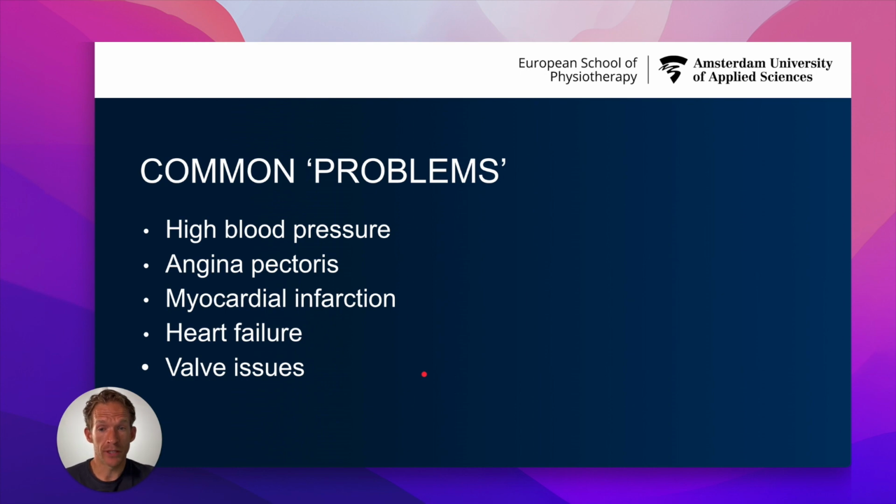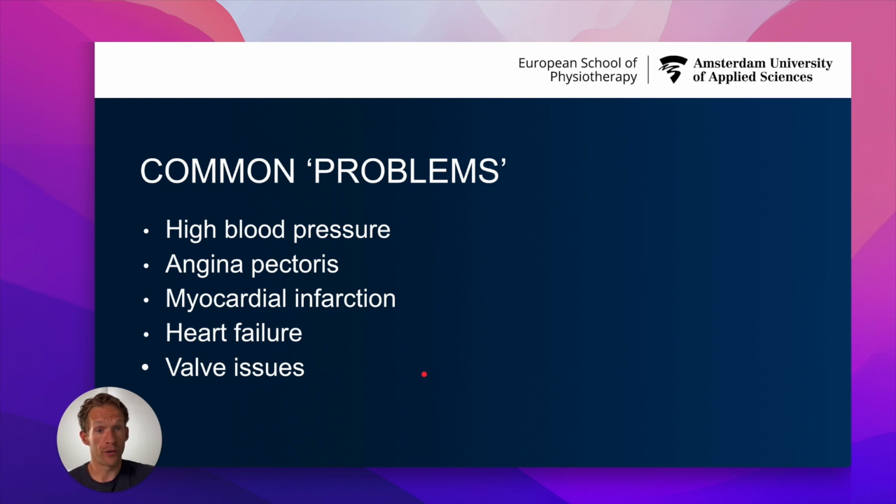Myocardial infarction we mentioned, but high blood pressure is also something that as a physio you can expect, and as a patient category that is directly related to what we're covering in this video. Angina we mentioned, so angina and infarction as related categories, but also heart failure. If a patient's heart is really failing, which means that stroke volume is no longer in proportion to diastolic volume, for example, then someone could really have capacity issues for exercise or even daily living activities.